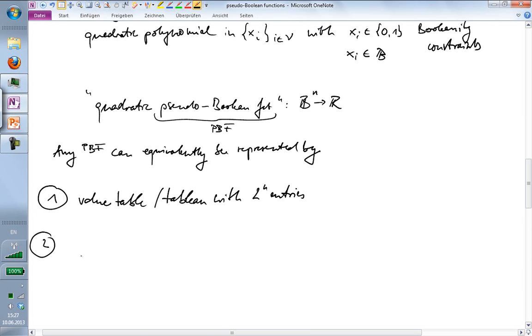More interesting is a representation in terms of a so-called posiform, where posi comes from positive.